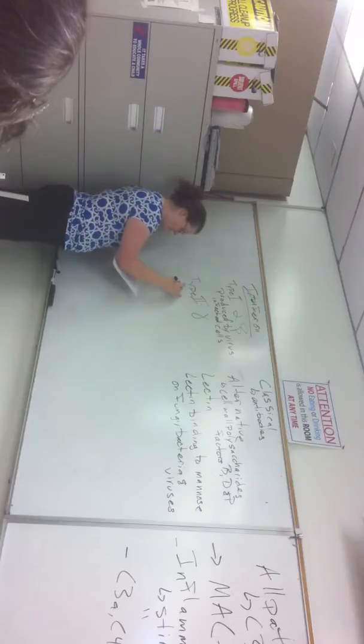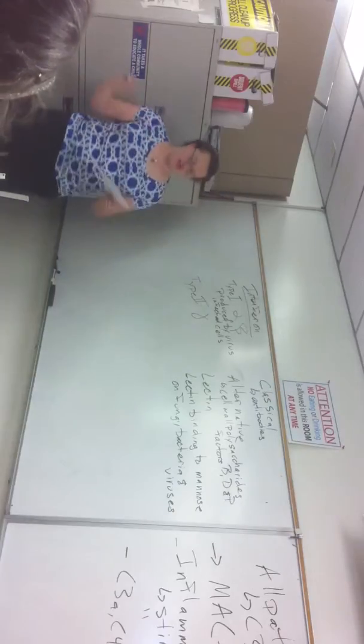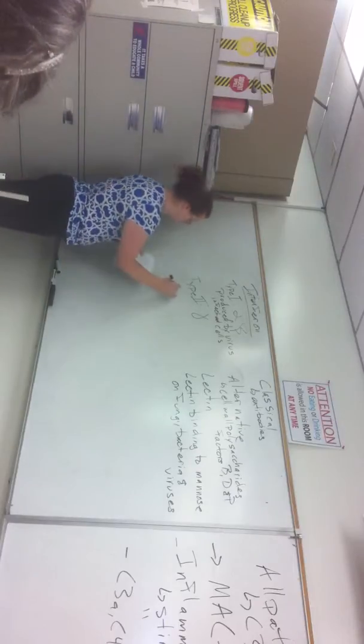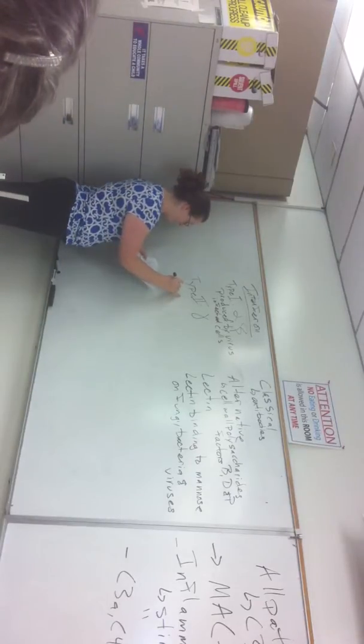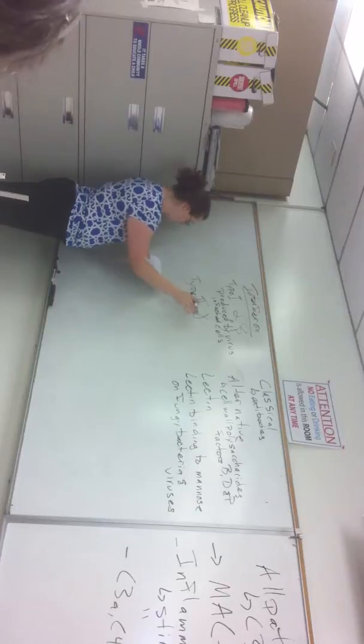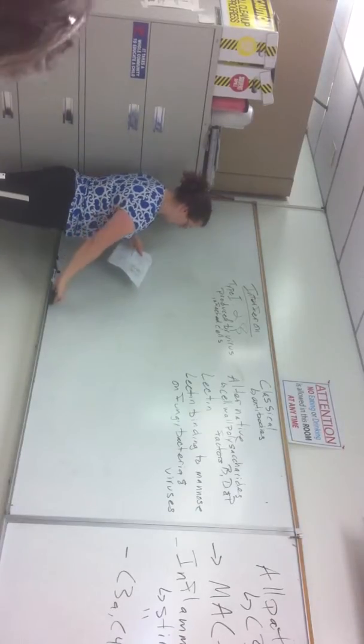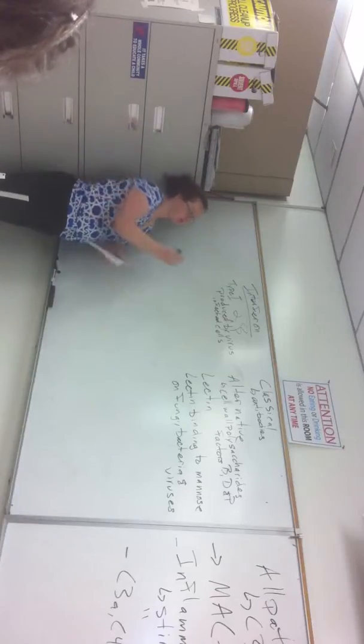Gamma is produced and activated by T cells. So basically, the bottom line is that type 1 is produced by virus-infected cells, and it stimulates cells to make antiviral protein.